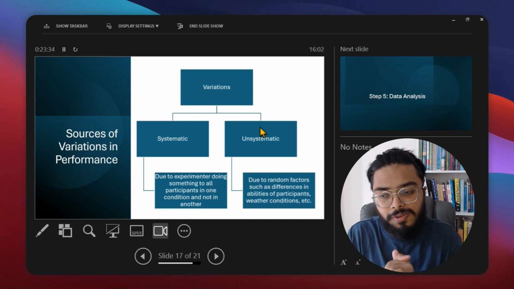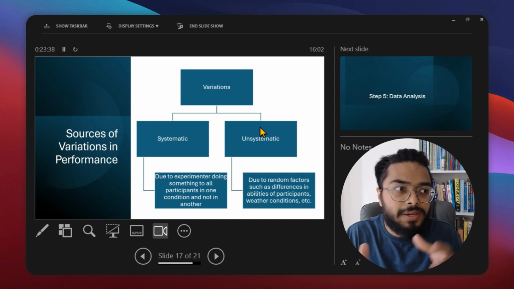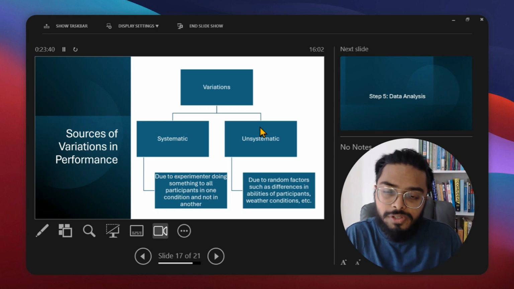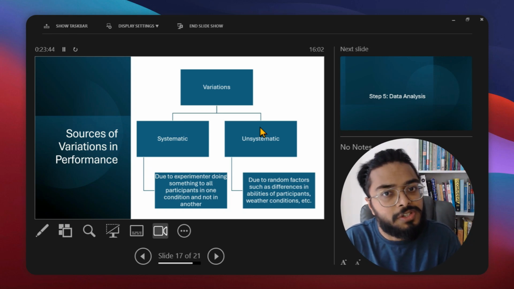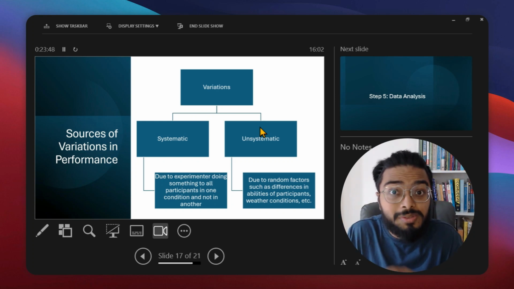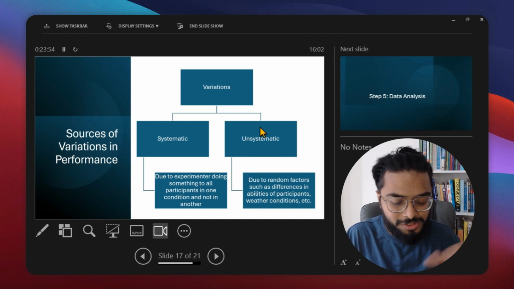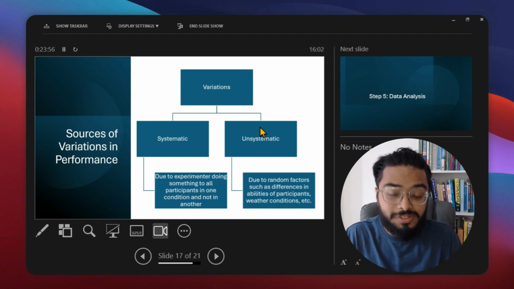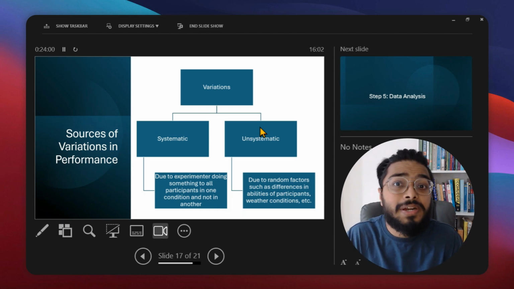Let's say they got 100 or 120, and after this, on the second day, you're administering the same IQ test again to that group of people. Now they know what to expect, and because of the practice, they have gotten better at it. Because of this practice effect, the second performance will probably be better.